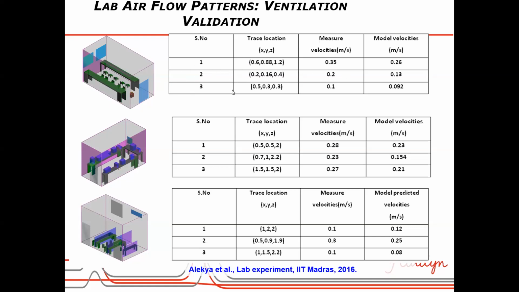For example, in these particular cases they have trace 1, trace 2, trace 3 at particular locations, with the measured velocity and the model predicted velocity. Also, for the same case, another lab has the same measurements versus model predicted velocity compared. Basically, these are two labs, and this case measured only the velocities.